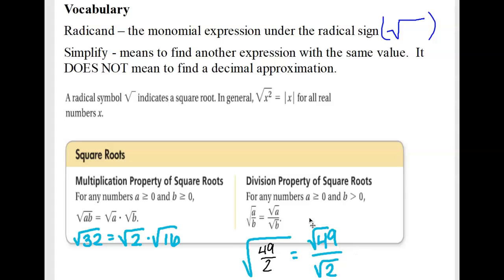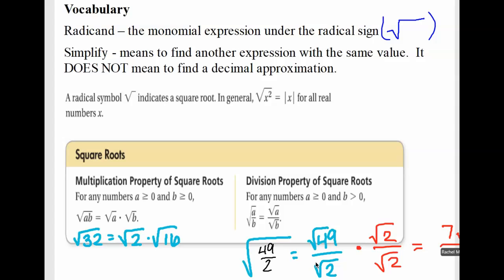So, for example, with this problem here, we'd have to go one step further, which is to take that denominator and rationalize it. So we would multiply by the square root of 2 over the square root of 2, so that the square root of 49 became 7 square roots of 2.